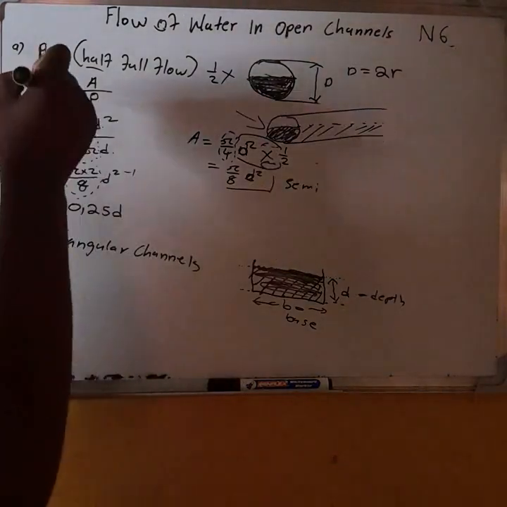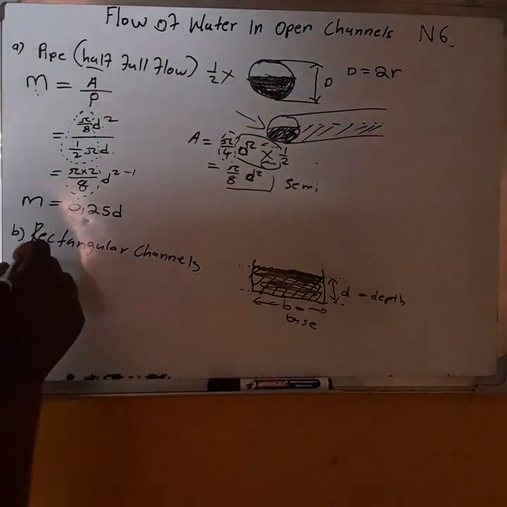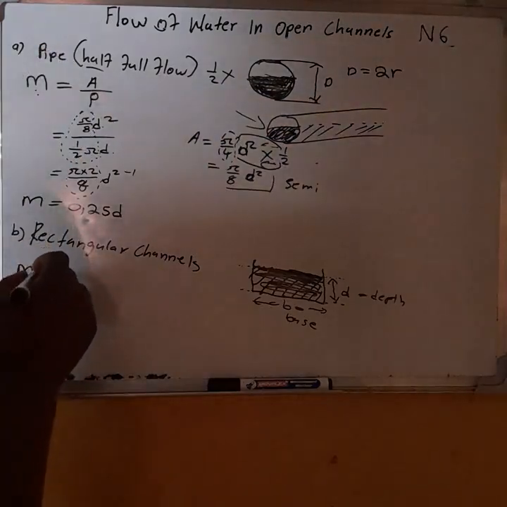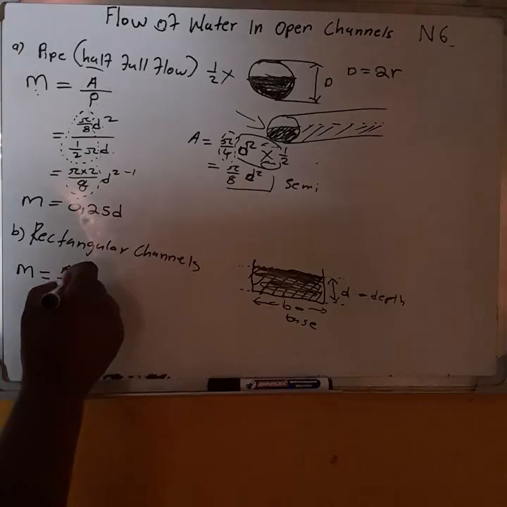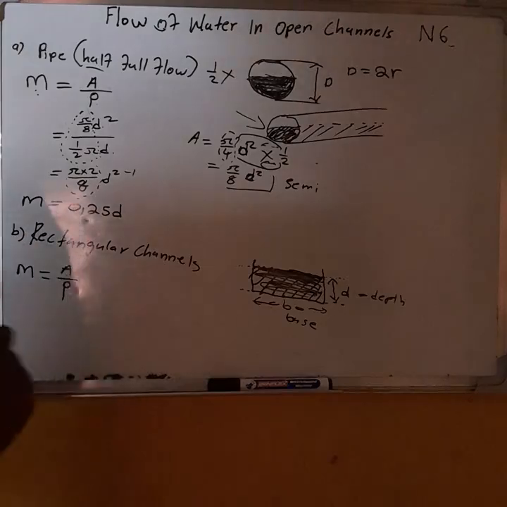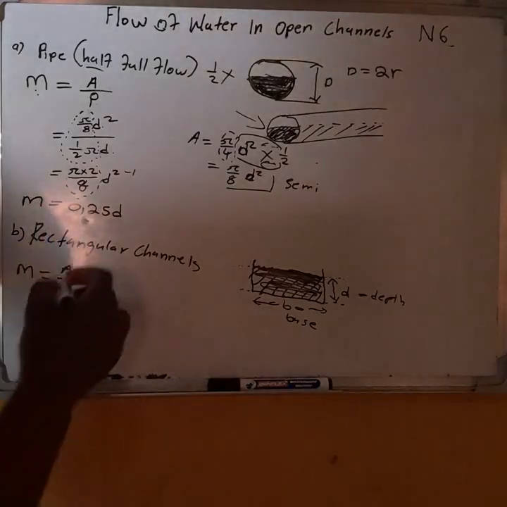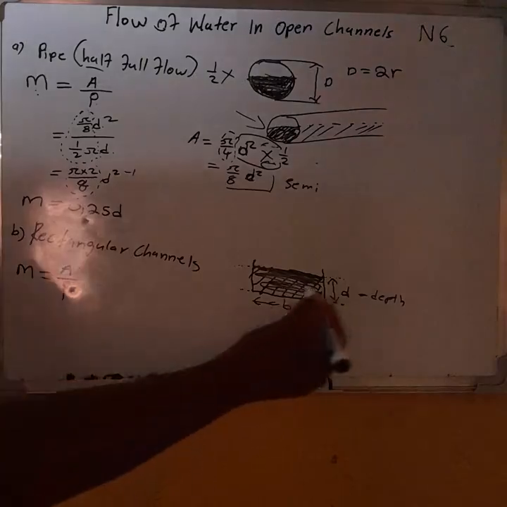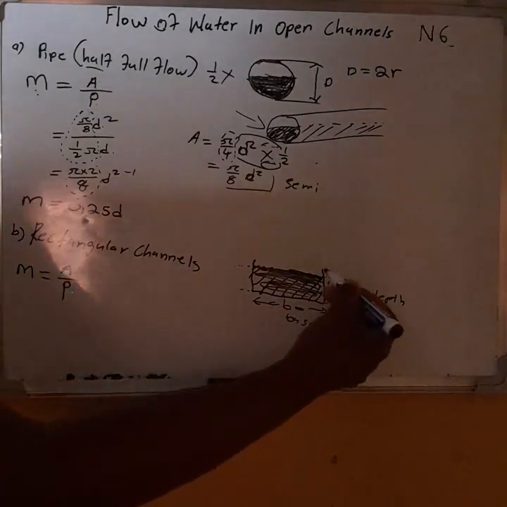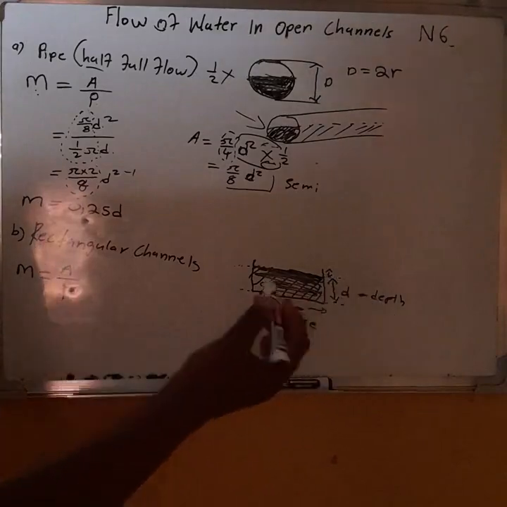Now let's look at M. What is our M? Hydraulic mean depth, we know, is equal to area over P. You must know this formula. We know this is the area of the cross section where the water starts. We don't consider this little portion here. Why? There's no water.